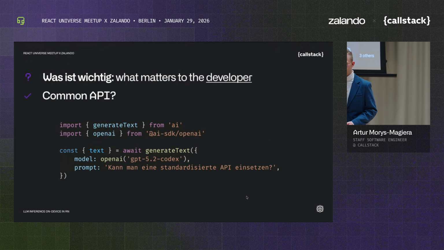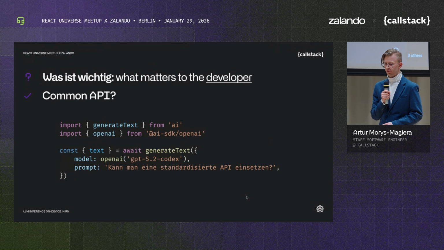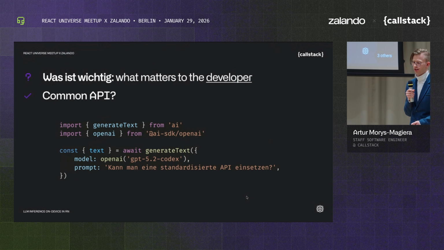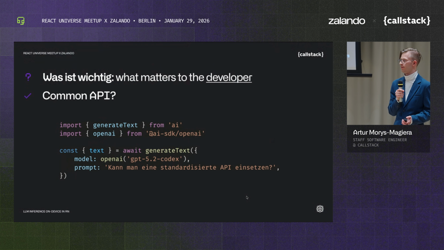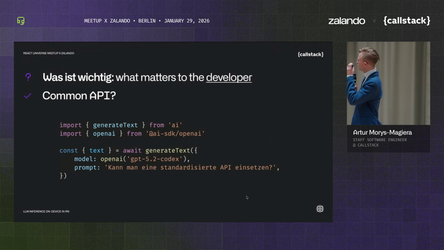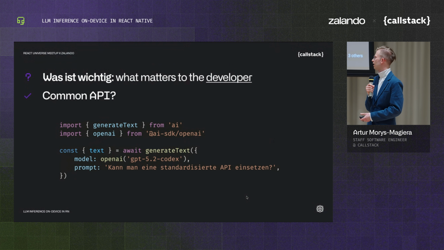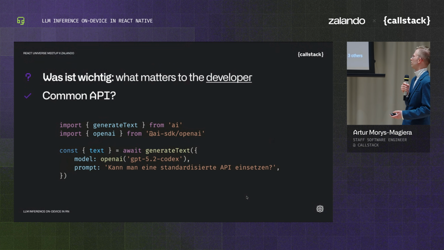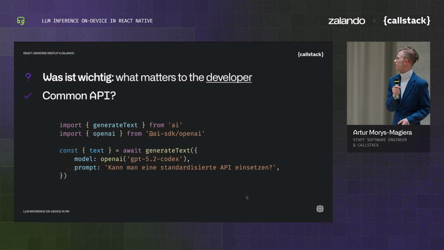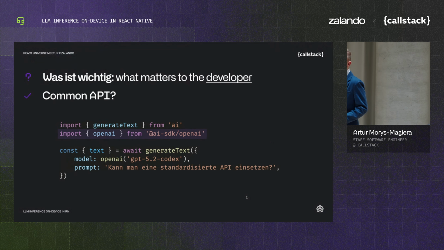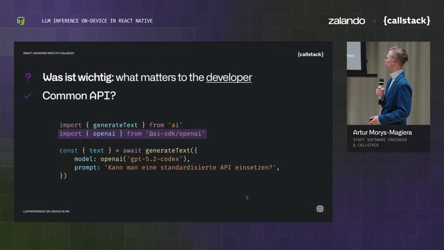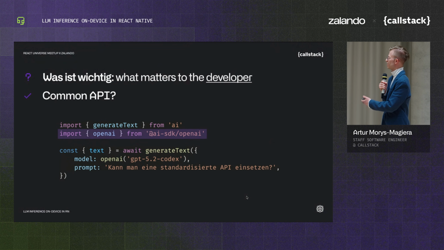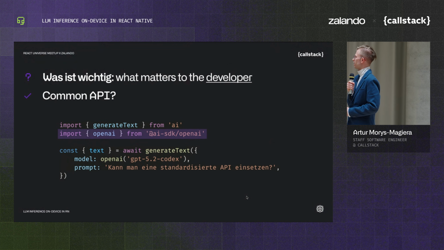And the finishing item I noted here is a common API for all the models. So if it did exist and all of the libraries would use it, it would be perfect. For now, they don't, but for instance, the ones from the React Native AI ecosystem do. And this example here is a hello world from the AI SDK. So firstly, we have an import of the OpenAI provider. Above it, we of course have an import from the AI SDK. So this is something purely not React Native related.